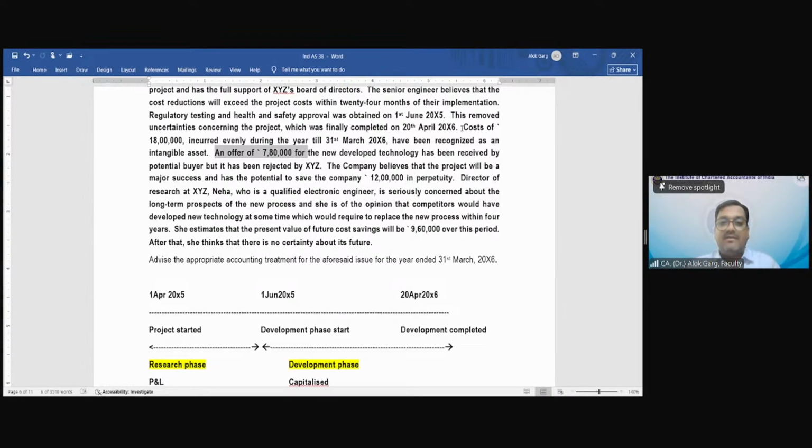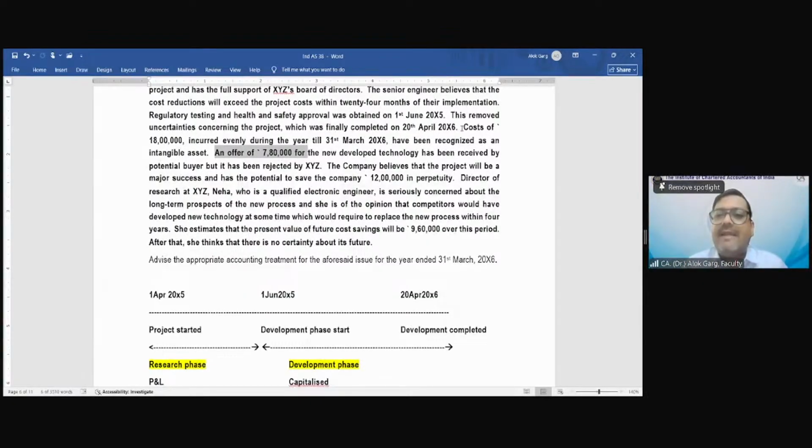What does it mean? Impairment. It means the recoverable value is 15 lakh, but the people are only ready to give 7.8. Market value. But impairment comes into the picture when your recoverable value is lower than the carrying value.